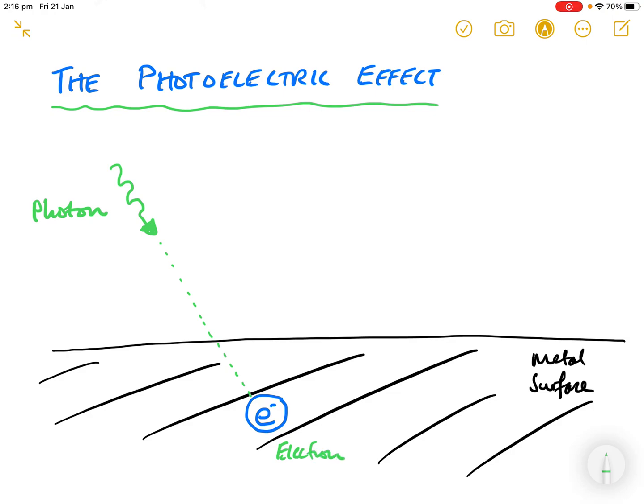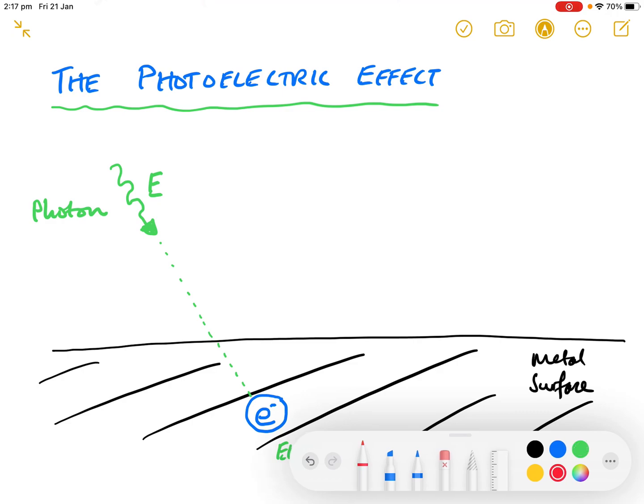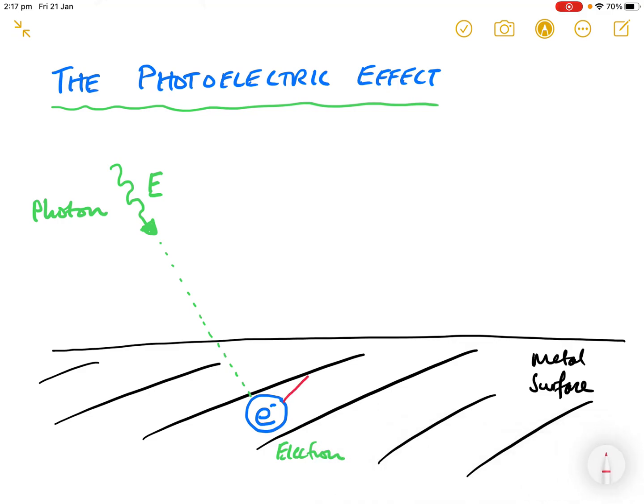And because the photon carries energy E, it will give that energy to the electron. And it can give that electron energy so that it brings it to the surface of the metal itself. And the amount of energy required to do that is called phi, the work function. We'll write that down in a minute.